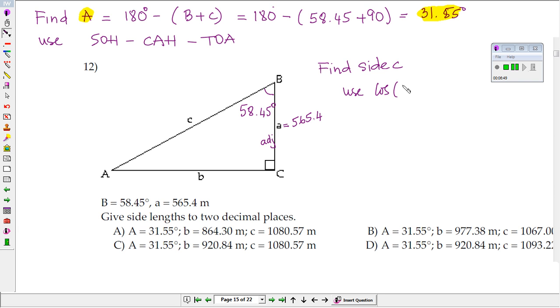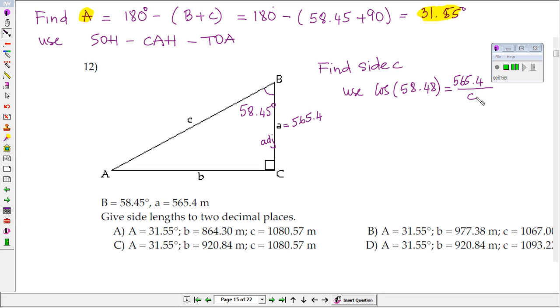So we use cosine of 58.45 degrees equals the adjacent, 565.4, divided by the hypotenuse.